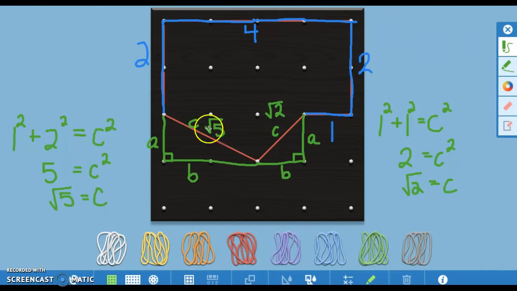Now you can use your calculator to add up all of these side lengths.